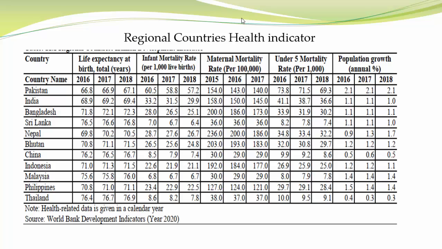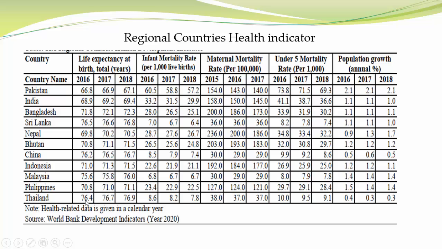Here is a comparison of the health indicators in the region. Life expectancy among a list of countries in 2016. The list was led by China, where the life expectancy was 76, followed by Malaysia at 75.